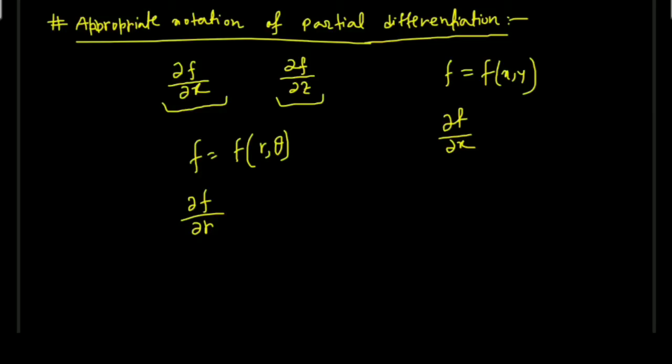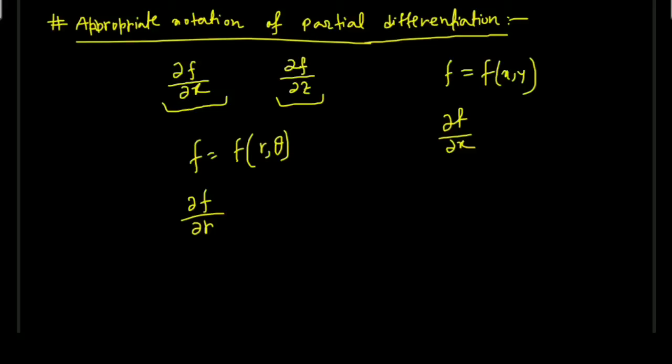In that case, we have to mention the constant, like if there is another hidden variable, or a variable which is not present in the equation directly.